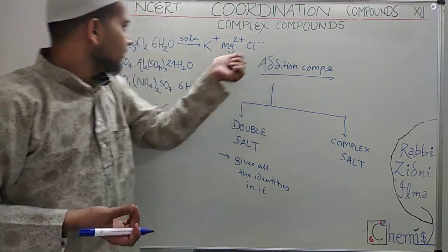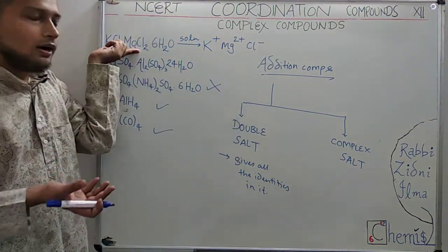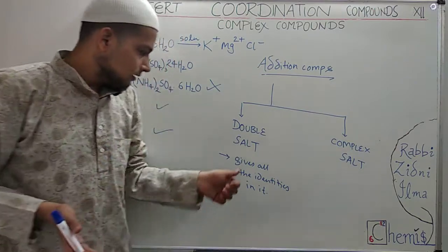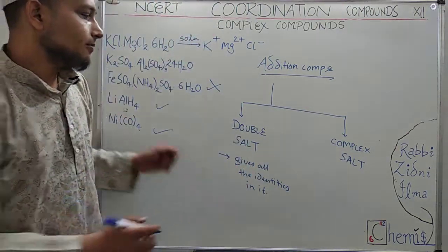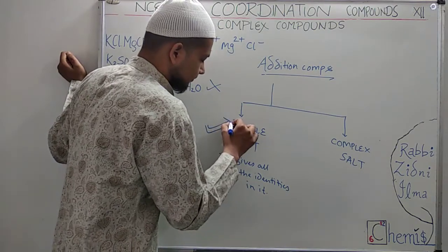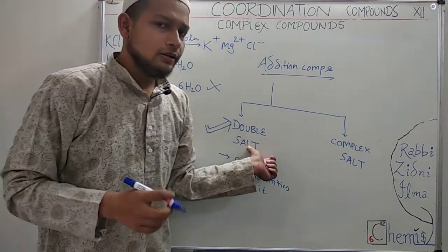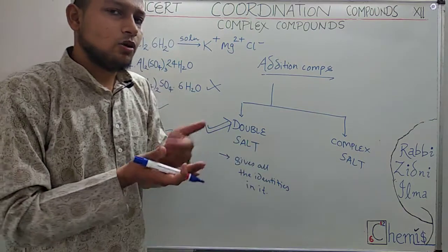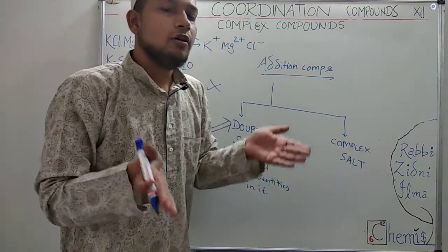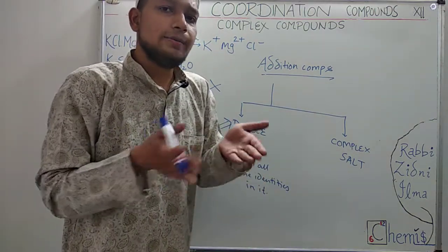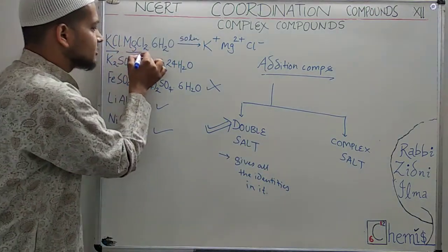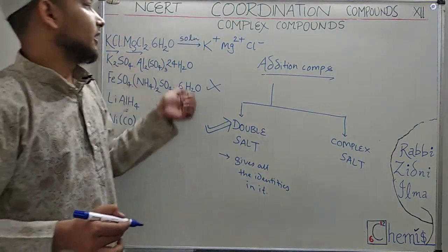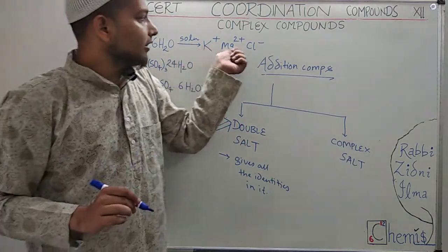So whenever our salt gives us all the identities present in it, then we say it is a double salt. And by definition, a double salt means a salt formed by the combination of 2 or more simple salts. Look here, KCl is a simple salt, MgCl2 is a simple salt. Their combination gives rise to carnallite, which gives all the identities.